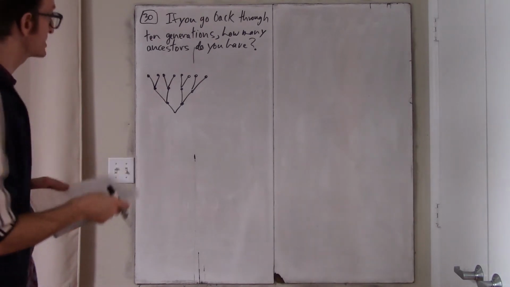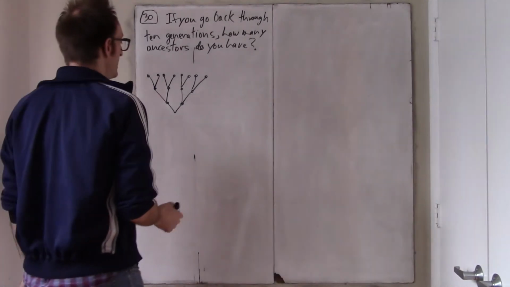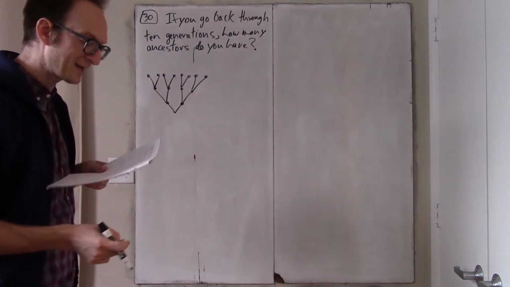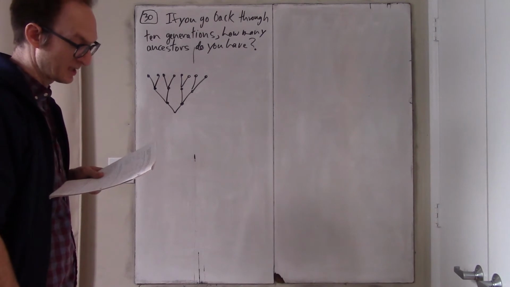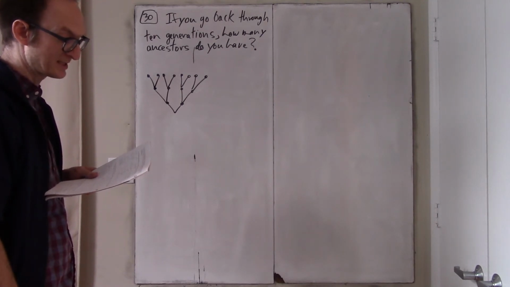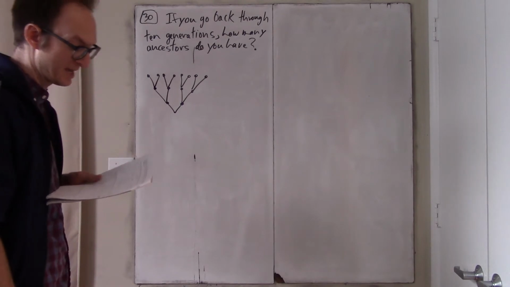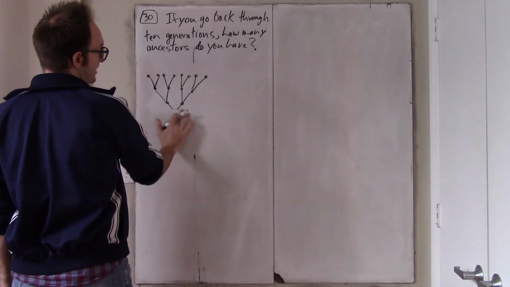The first question says, if you go back through 10 generations, how many ancestors do you have? The packet clarifies, count your parents as the first generation, your 4 grandparents as the second generation, etc. So let's not count you. You're not your own ancestor.